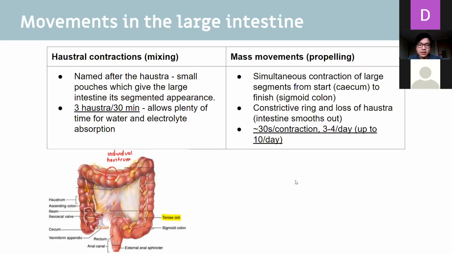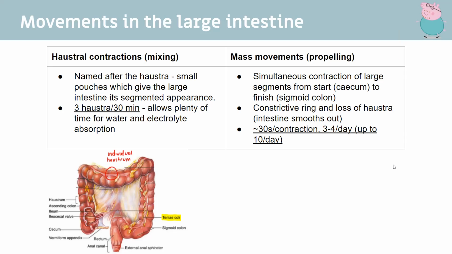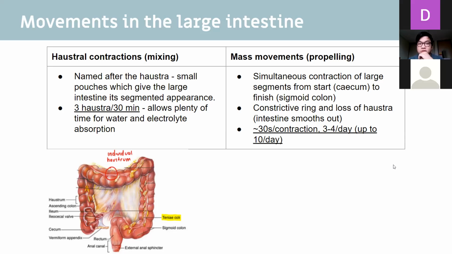As for the large intestine, once again, you have the same equivalents. Here, the haustral contractions are the mixing ones, and you can see the individual haustrum or haustra in the diagram below. They're basically small pouches which give the large intestine that very classic segmented appearance, so little balls. Food mixes at a rate of moving along about 3 haustra every 30 minutes, which allows plenty of time for water and electrolyte absorption.